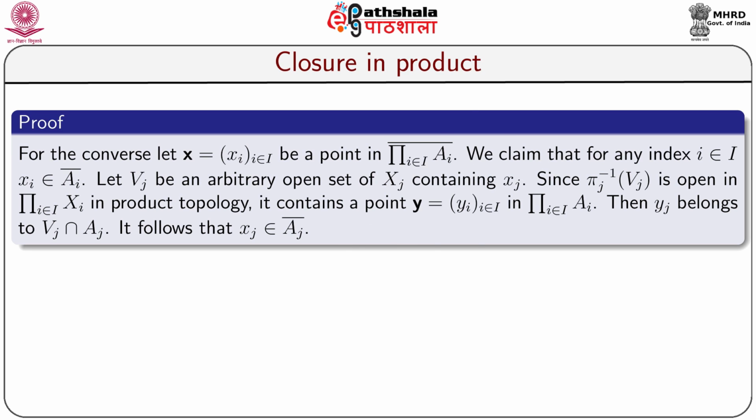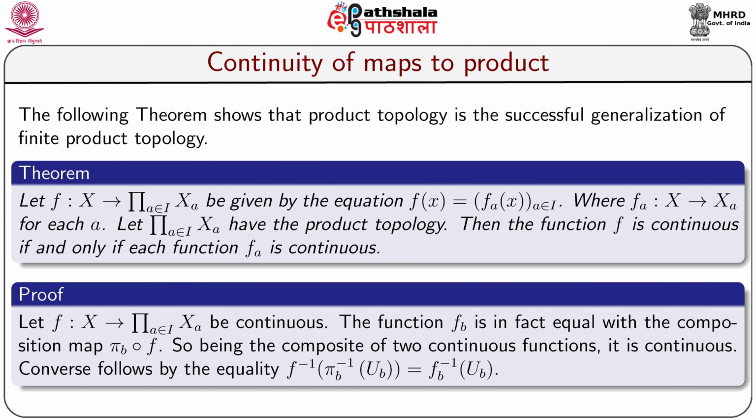Let X be a topological space and X_α, α belongs to I, be a collection of topological spaces indexed by the set I. Again, let f be a function from X to the product of X_α given by f(x) = (f_α(x)), α in I, where each f_α from X to X_α is a function.